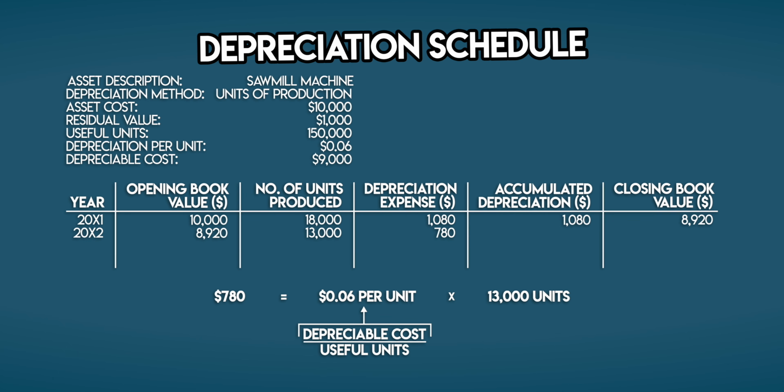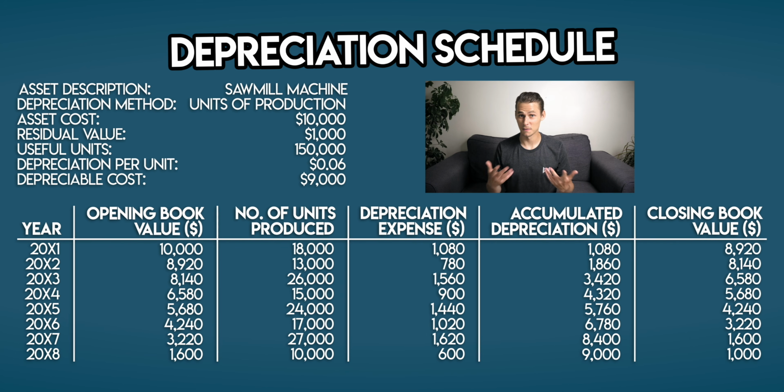Your accumulated depreciation is the cumulative total of $1,860, and your closing book value is your opening book value of $8,920 minus your depreciation expense of $780, which is $8,140. If we repeat this process for the next few years, then this is what we're left with.